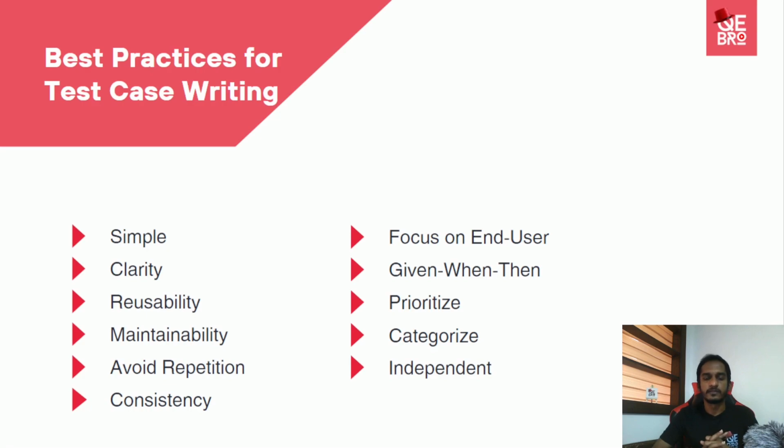And then you also need to think about prioritizations and categorizations. First I will talk about prioritizations. Let's say you have prioritized the test cases as high, normal, low. When you don't have enough time to test all your test cases, you can filter through these prioritizations.